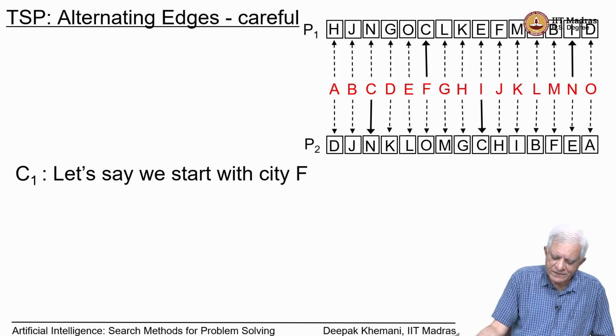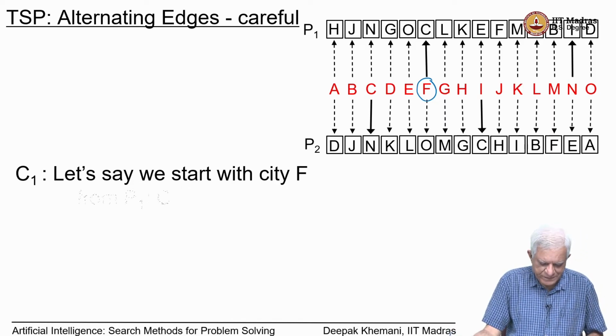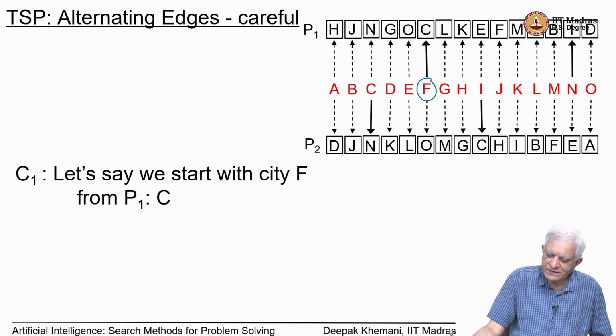So let us say we start with city F essentially. So where is F? This is the city we start with, and we choose the edge from parent 1. So from city F we go to city C, because that is what the representation says. Where should we go from C? That we choose from P2.